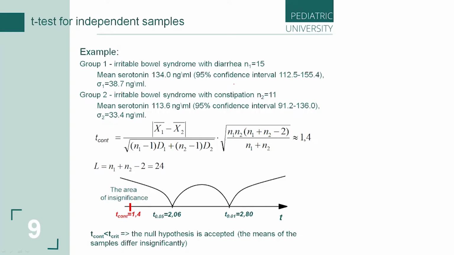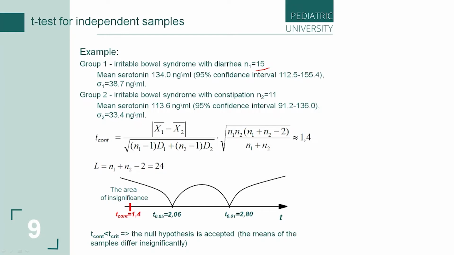And let's check it. If we substitute our values: 134 minus 113 in the numerator. The size of the first sample is 15.